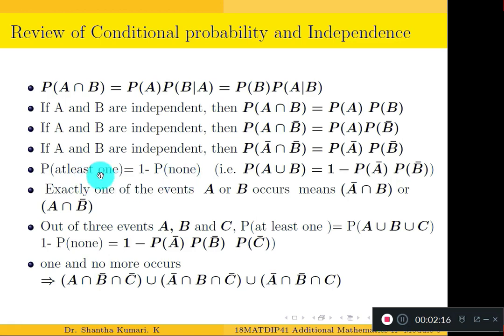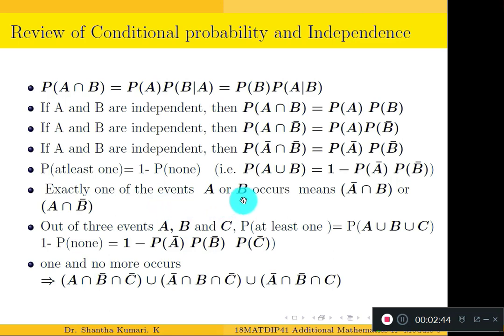Recall, what is the probability of A complement? 1 minus probability of A. Remember, the complementary event of at least one is none. So here is the equivalent formula. If you know that A and B are independent, then P of A union B is equal to, you can directly find using this formula, 1 minus P of A complement into B complement. This is only for independent events. I am giving you the formula now.